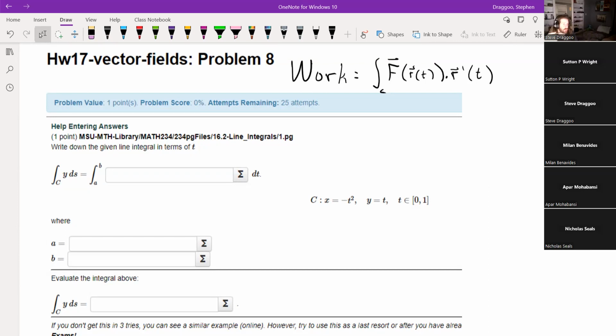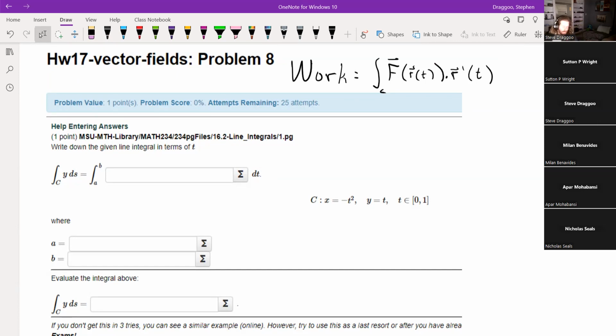If we're asking for the work done by some particular vector field, we can calculate it using this line integral, where we're integrating the force field, F, dotted with the position derivative vector. That creates a work integral.